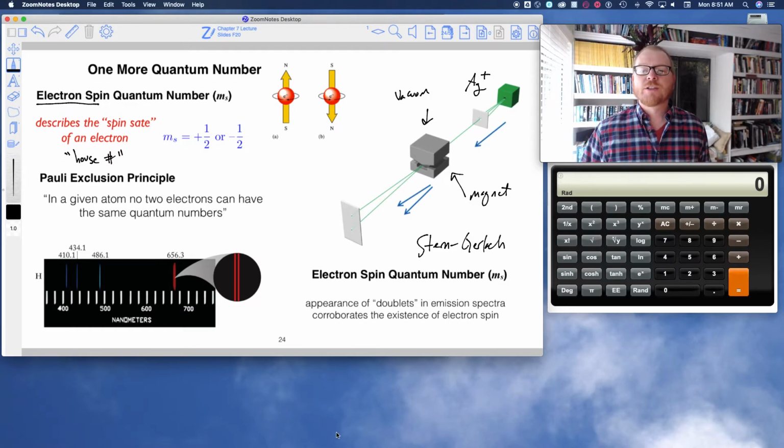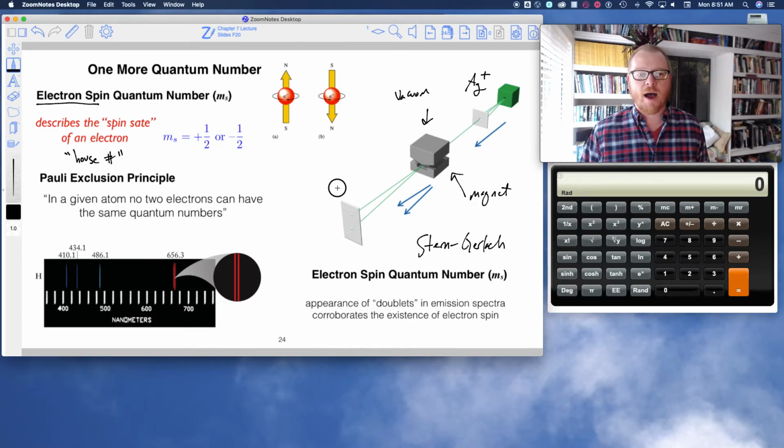Stern-Gerlach experiment. So what they saw was after they passed this beam of atoms through this magnet, they split. And they saw two points on a screen where those atoms were colliding with the screen.